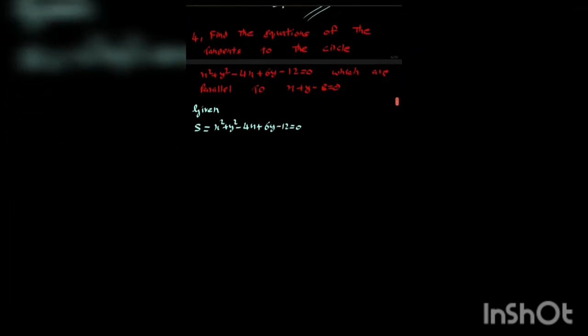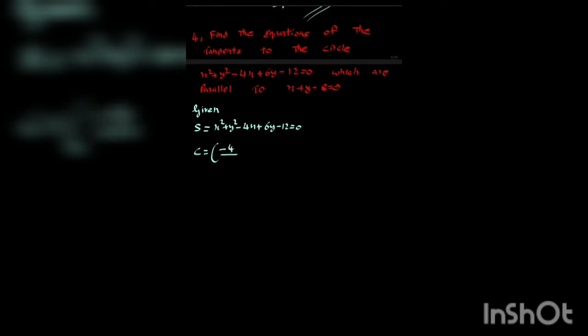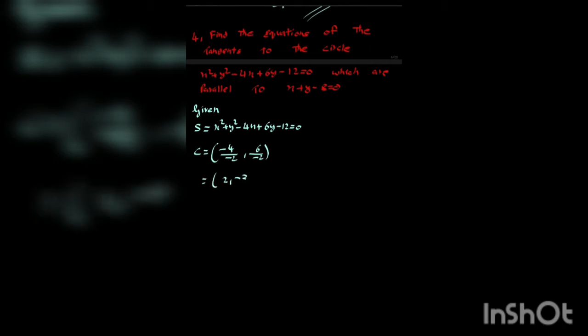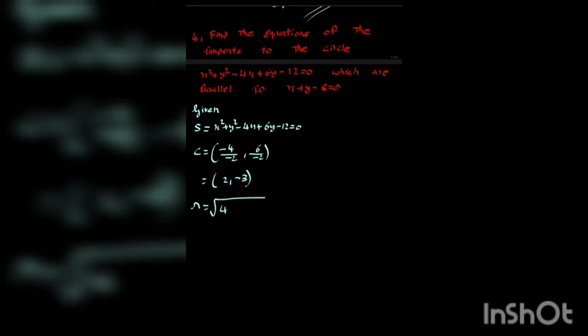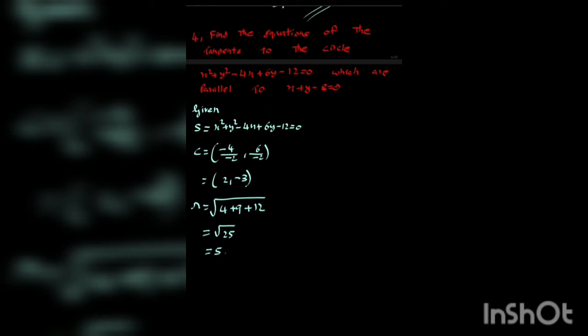From this we can find C. So what is C? Minus 4 by minus 2 comma 6 by minus 2, which is 2 comma minus 3. And what is R? Root over g square plus f square minus c. So 4 plus 9 minus into minus plus 12. So root over 25, that is 5.